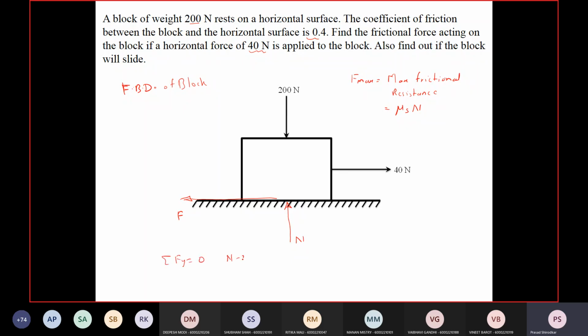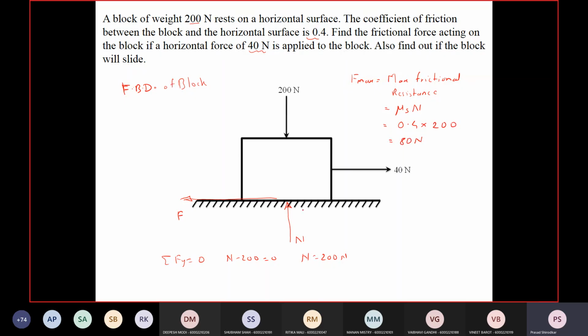So N minus 200 equal to 0, so N is equal to 200 Newtons. Substitute in this equation: mu static is 0.4 and N is 200. So this will be 80 Newtons.